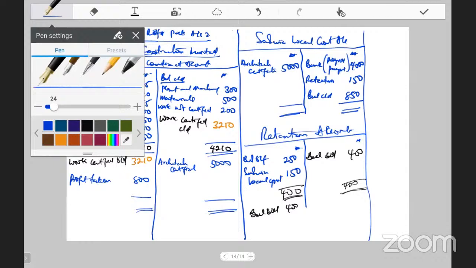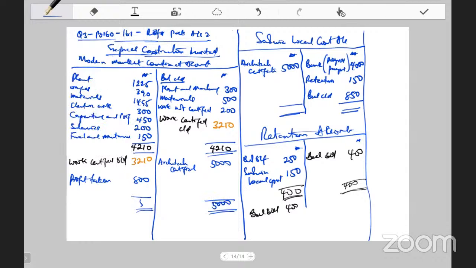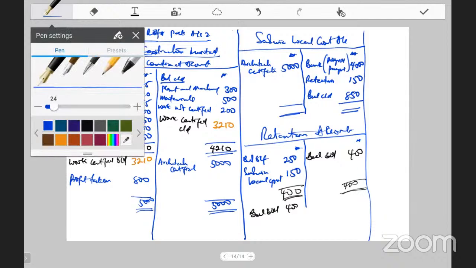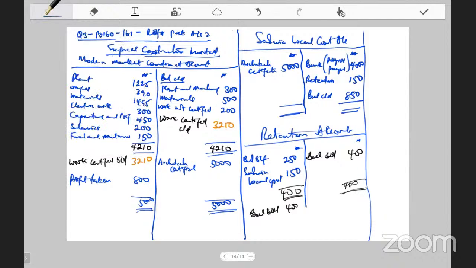That means something will exist. Once we have taken our profit, something will now exist. I will call it profit suspense. What is that balance that we are looking for? 990. Profit suspense, 990.